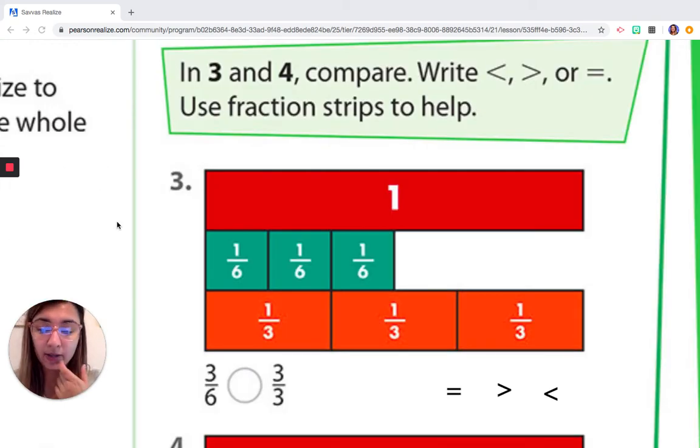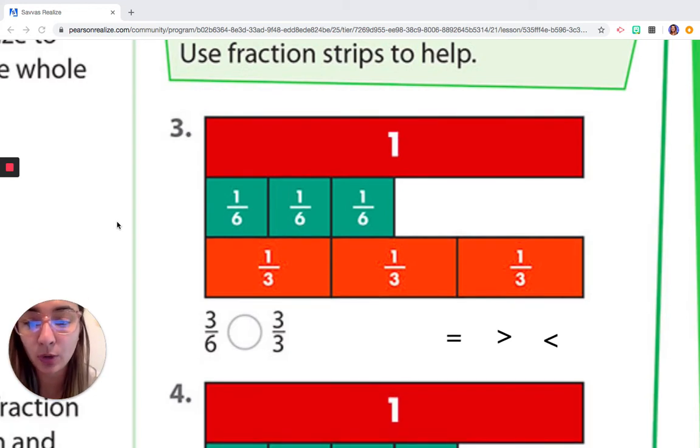Alrighty, we're taking a look at example number 3 and number 4. Here we compare, writing greater than, less than, or equal to, and we're using fraction strips to help us. We have our whole strip, 1, 2, 3 sixths and 1, 2, 3 thirds, so a whole. What sign should we put in the middle? 3 sixths is what of 3 thirds?